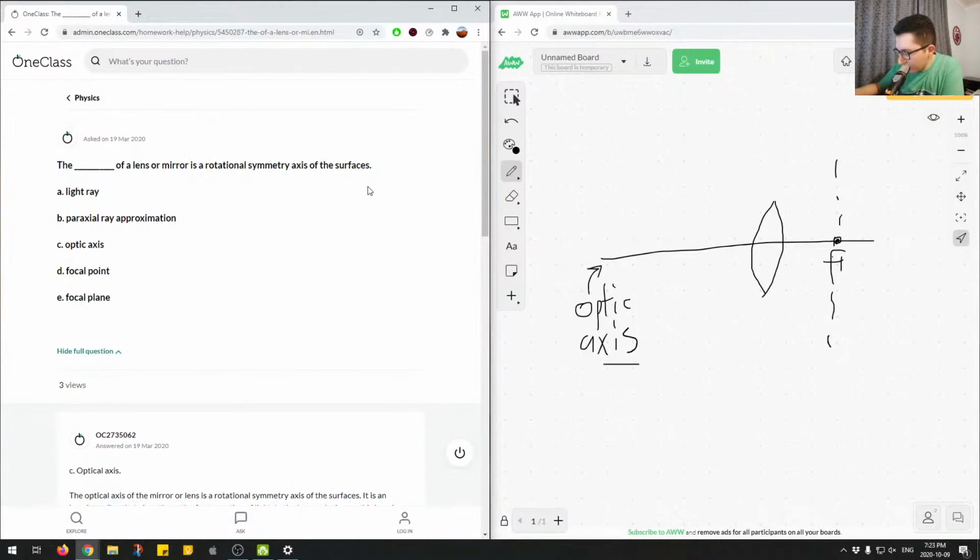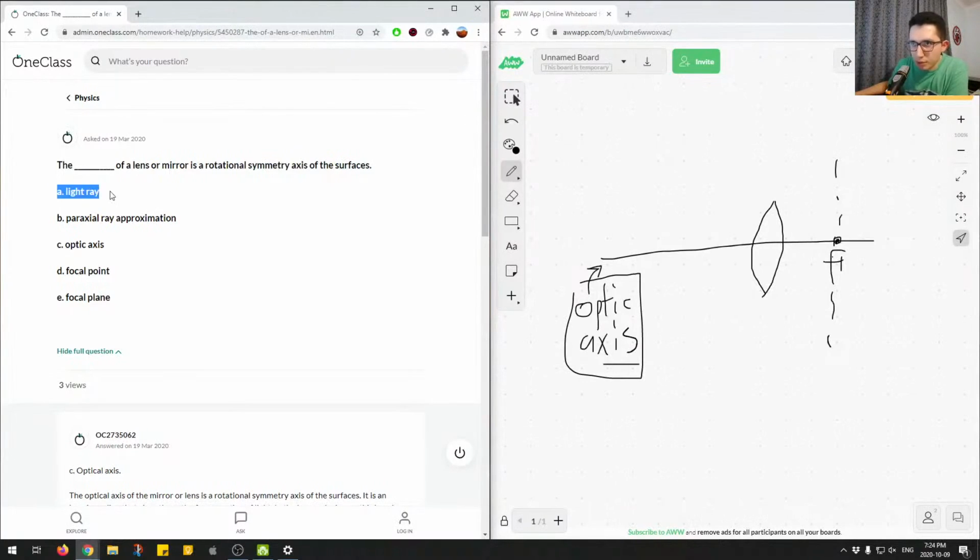So we can see how the answer is the optic axis, because if we rotate this around the lens, and the lens would be like a convex or concave circular or cylindrical object that's either concaved in or concaved out, it would be rotating around the optic axis. So here we can see that the rotational symmetry axis of the surfaces is the optic axis.